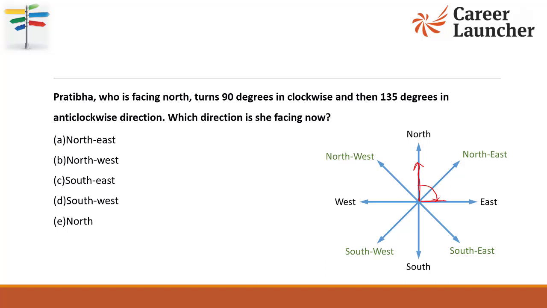After that, she is taking 135 degrees in the anti-clockwise. 135 degrees would be, this is 45, this is another 45, this is another 45. So this entire movement is 135 degrees. So she should be facing northwest now.